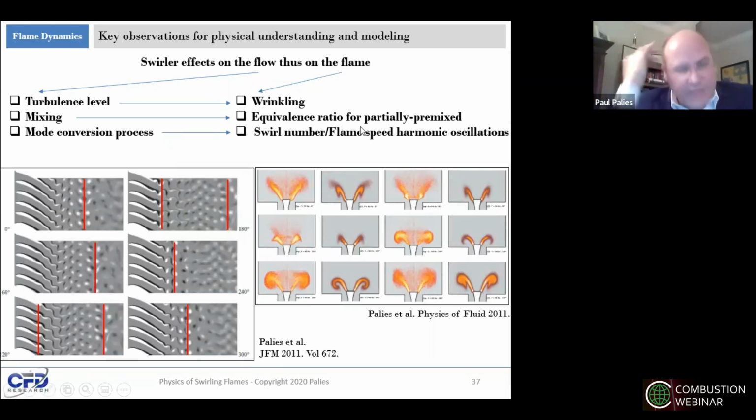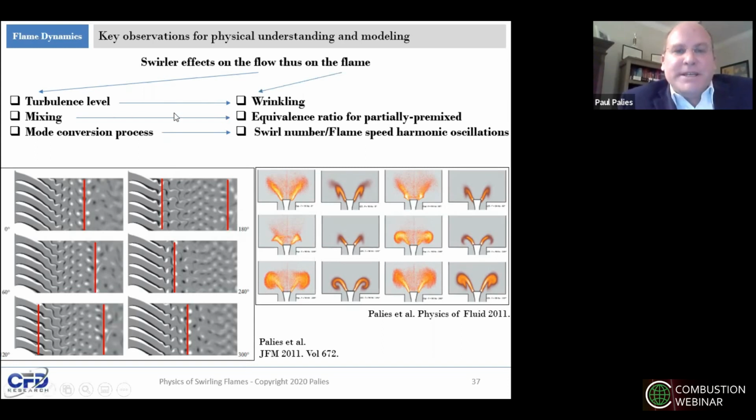So it will have a key impact on wrinkling of the flame, and because the fuel and the chemistry is set for a given system, you can act on the turbulence level to change wrinkling. That will have effect on flame shape optimization for fuel burn.